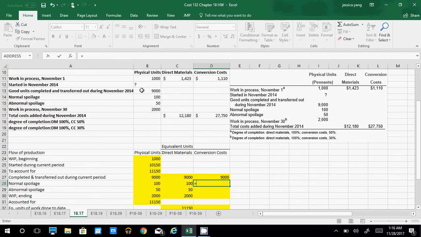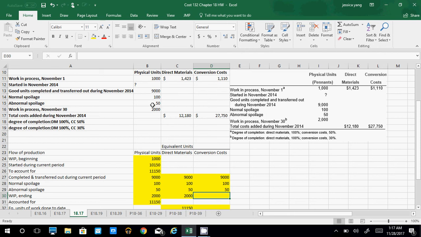For normal spoilage, I would take 100 physical units and multiply by 100%, which gives me a total of 100 equivalent units for conversion cost. For abnormal spoilage, I would take 50 physical units and multiply it by 100%, which gives me a total of 50 equivalent units for conversion costs.